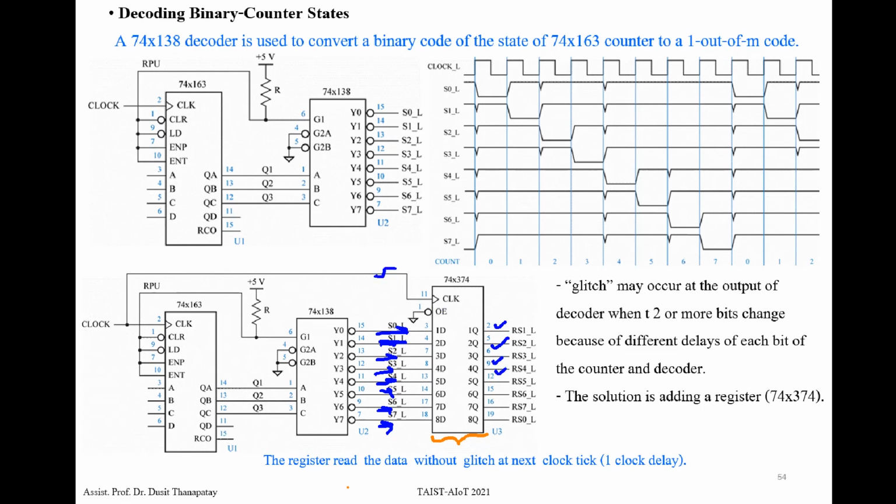It waits for the clock tick. That means when the clock ticks, in this case, the signal has already gone to the steady state. That means the glitch has already disappeared. So you can be sure that this final output has no glitch. Anyway, you must wait one more clock tick.